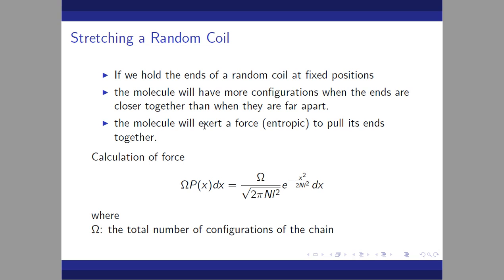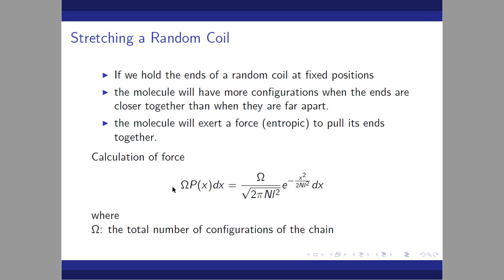So the molecule will exert an entropic force to pull its ends together. Why does it try to make a smaller molecule? Because it costs less energy. So the entropic force is calculated with this equation.